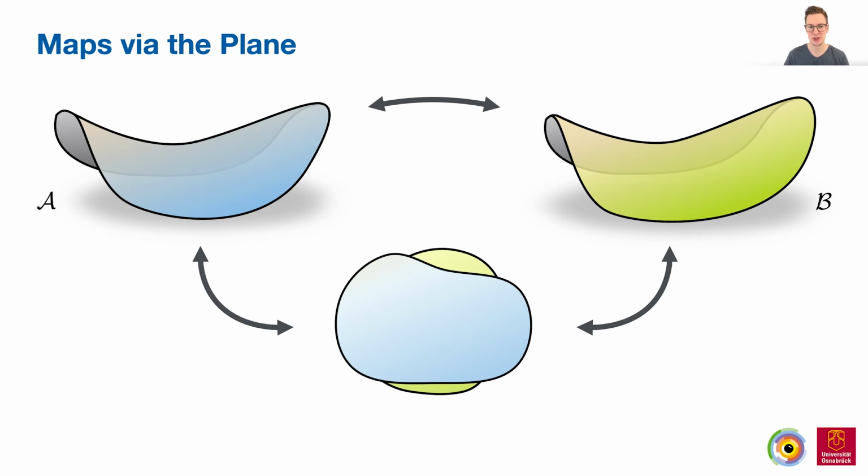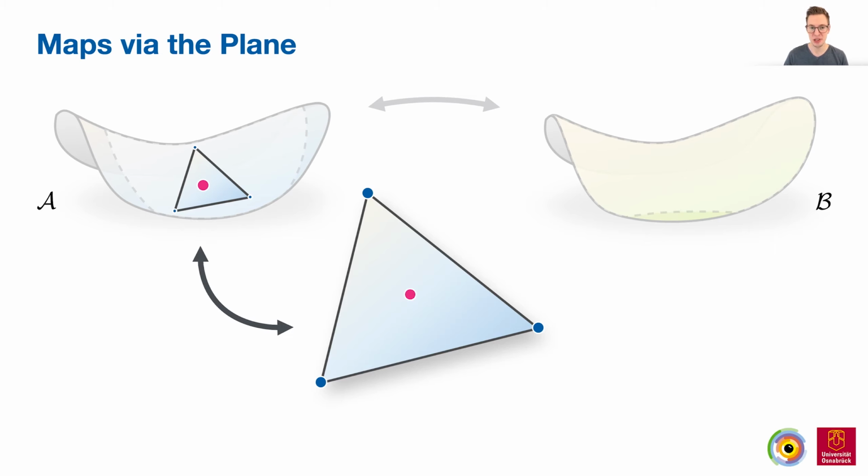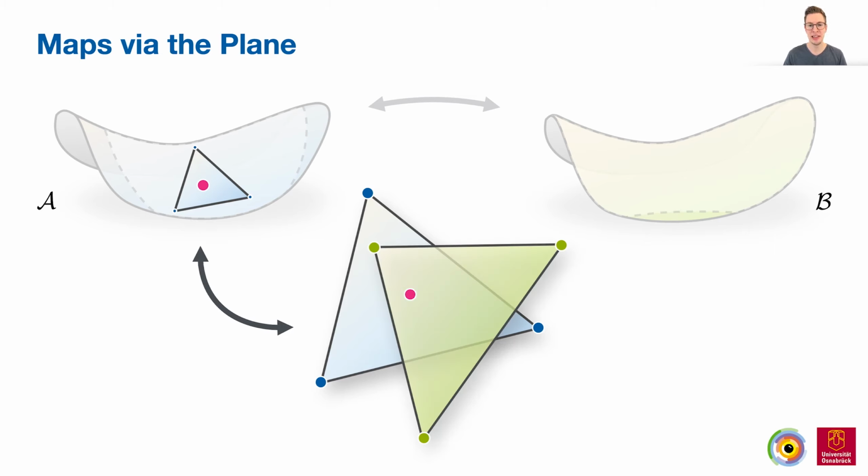Now for any point on surface A, no matter if on a vertex, on an edge, or inside a triangle, we can follow the first piecewise linear map into the plane. There we look up which triangle of B we hit, we express the point in a coordinate system of this triangle, for example via barycentric coordinates, and then we follow the second map to mesh B.